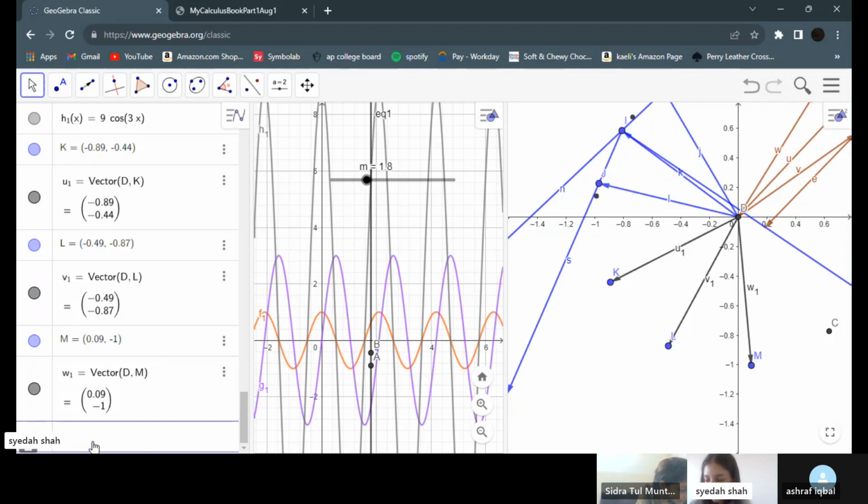The acceleration would also be 3, I think. Velocity and acceleration would be the same, both would be 3.